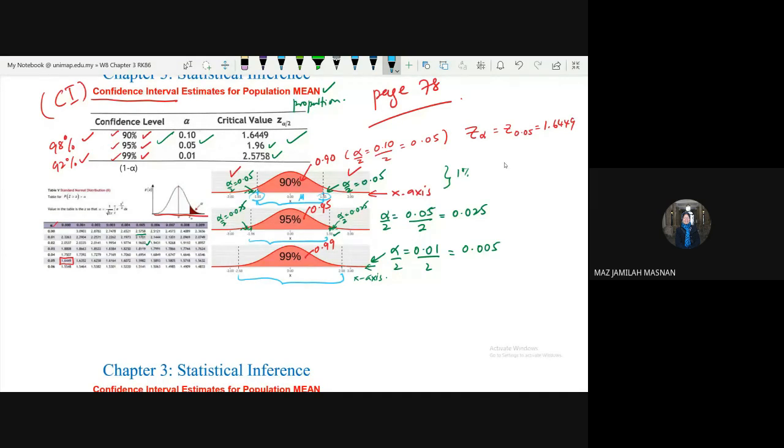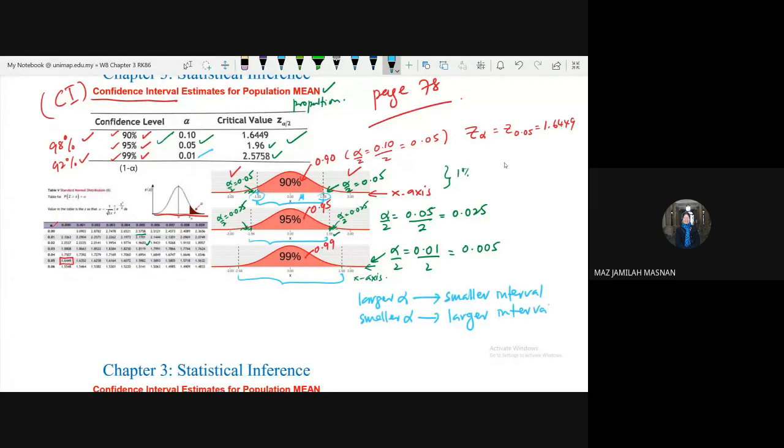Larger alpha, smaller interval. Smaller alpha, larger interval. I think it will be better for me to write: larger alpha, smaller interval. Smaller alpha, larger interval.